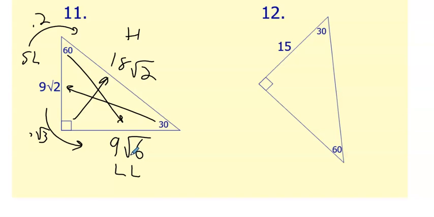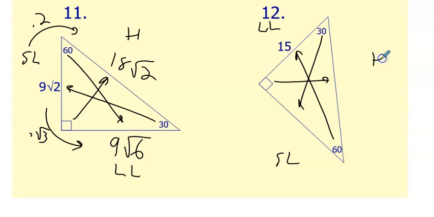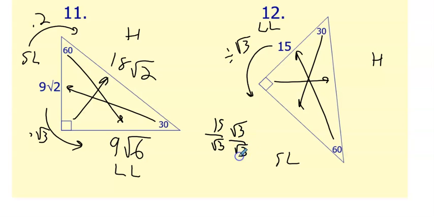Okay, what do we have here? We have the long side. Long leg. Short leg. Hypotenuse. You always want to go to the short leg if we can. So we're going to divide by radical 3. So 15 divided by radical 3. We must rationalize, get it off the bottom.